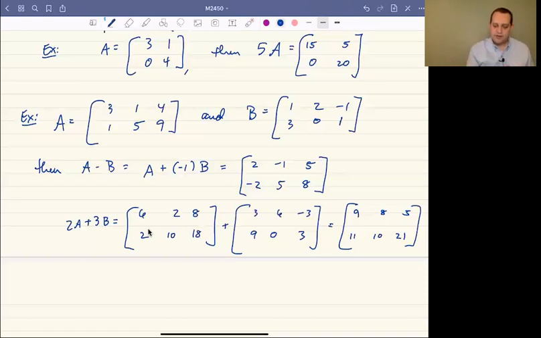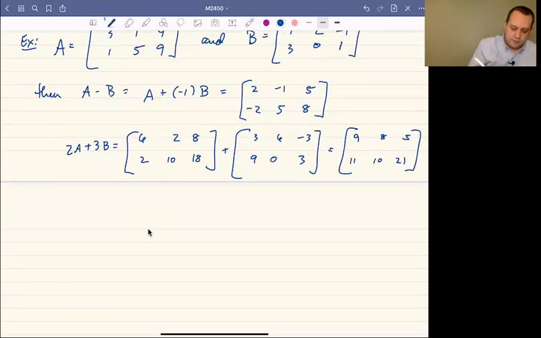This quantity, by the way, has a name. Given matrices, or really given any objects, but we're going to specifically talk about it with matrices, A and B and C and D and so on.